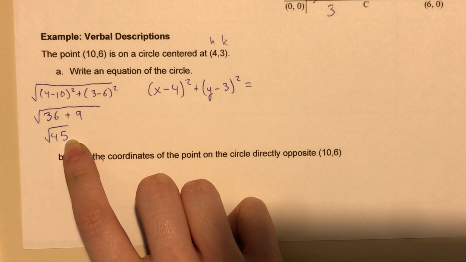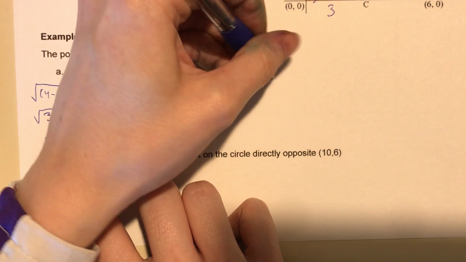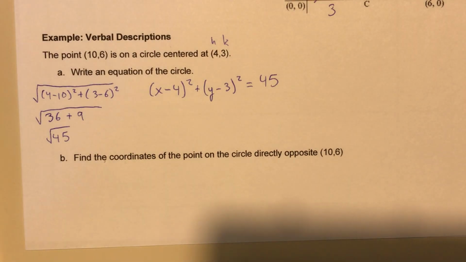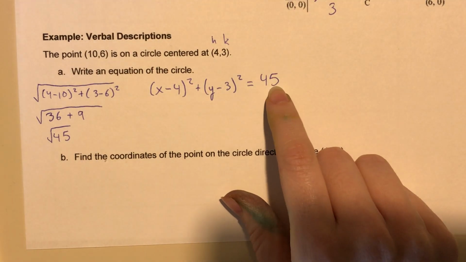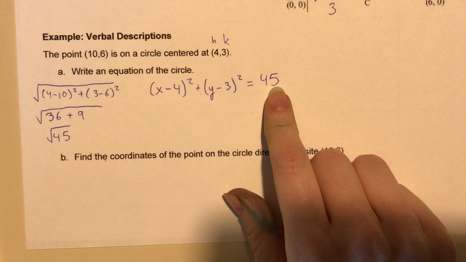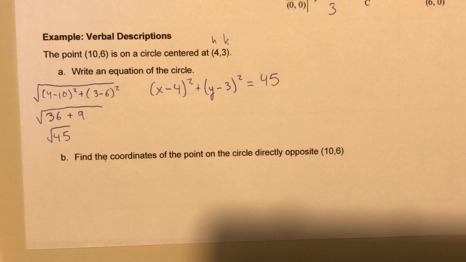And so the square root of 45 squared is 45. Make sure that you're always using radius squared here. That's one of the things that I see us make mistakes on a lot, is we don't use the radius squared.